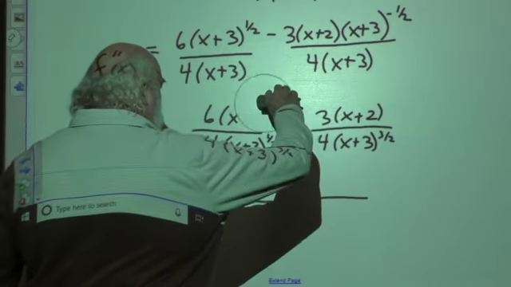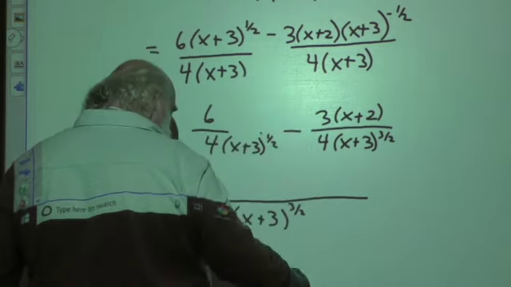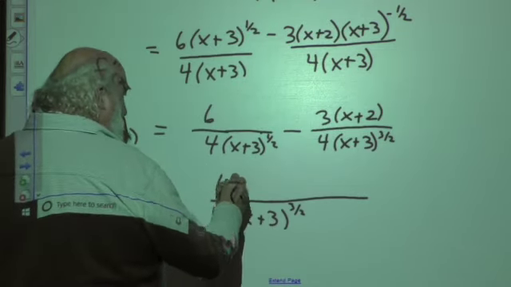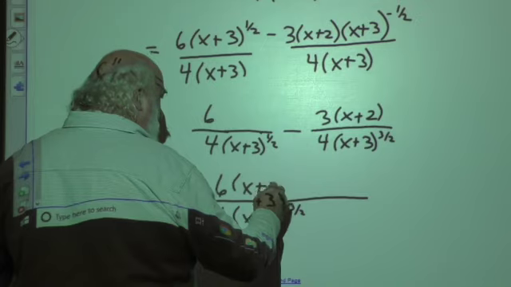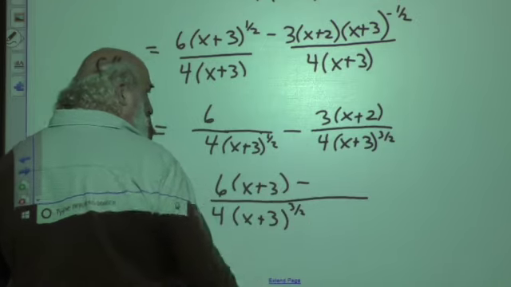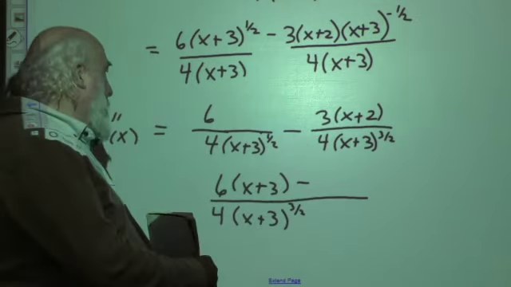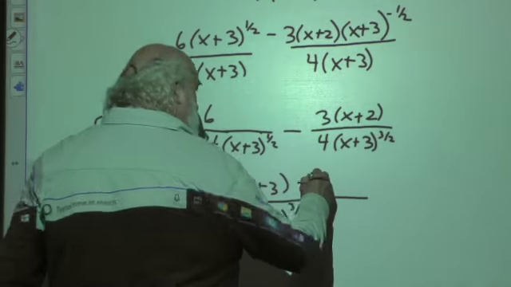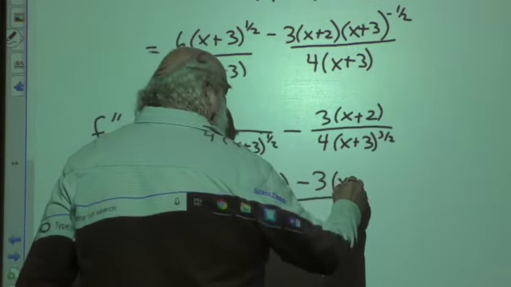I'd rather not put that there, because that would be a bit confusing. So let me put where it should have 6 times (x + 3) minus, and this is the same thing right here, so there's no change we have to make to this, so this is 3 times (x + 2).